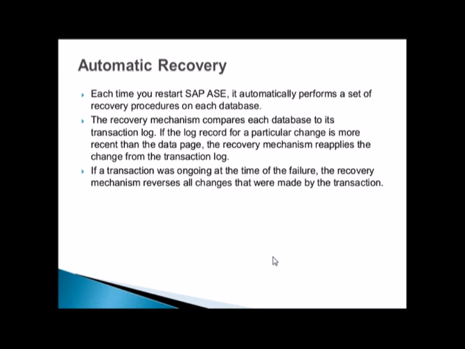As I discussed in the previous slide, transaction logs are written ahead of the actual database. So if transactions were ongoing at the end of the failure, the recovery mechanism reverses all the changes that were made by the transactions. So this is the concept of automatic recovery.